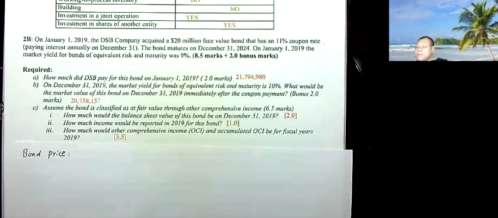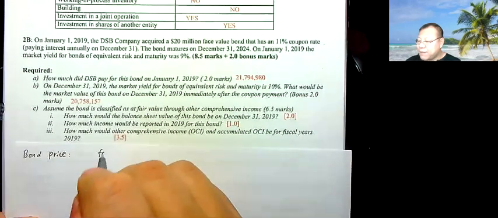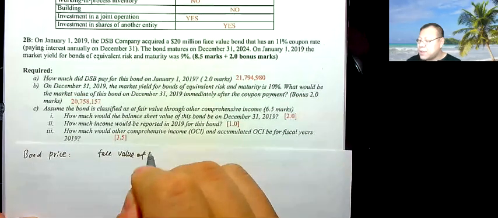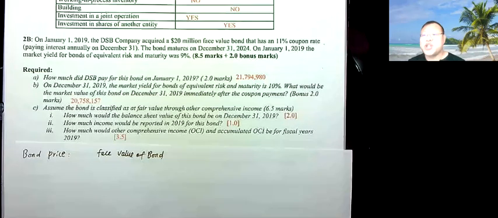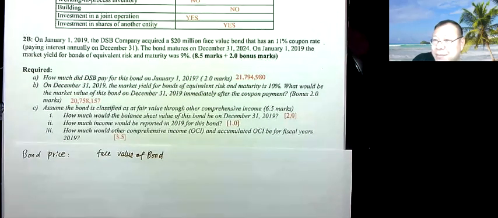Let's first think about the relationship between the bond price and the face value of the bond. Each bond, when issued, has a face value, but you may either get it at a discount or at a premium. You either pay more or less than the face value, or equal to the face value.